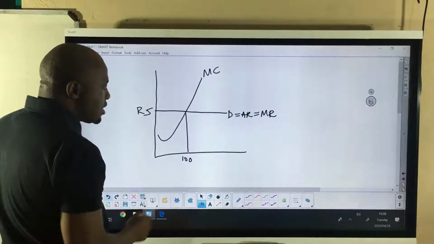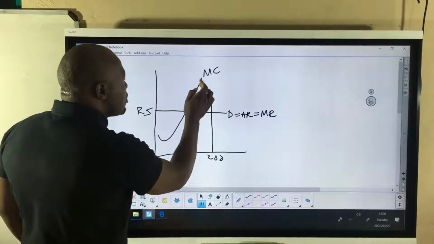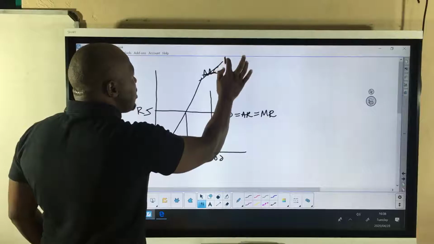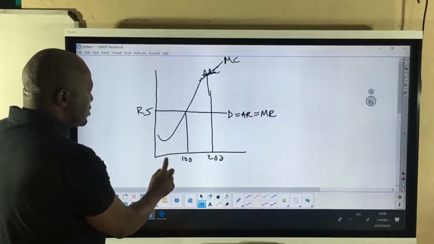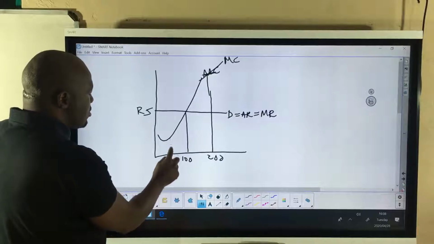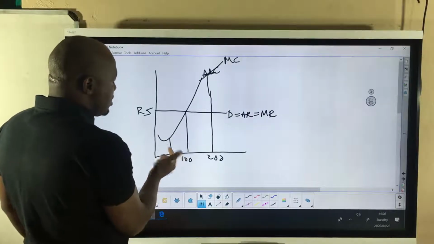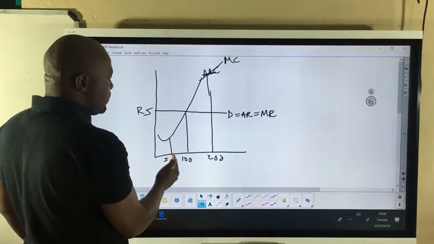And why not 200? Because at 200 you cannot, okay, let's say our MC is here, you see, they meet there. How about at 50? No. Why? Because in this case, the firm can produce the next unit, which is 51.